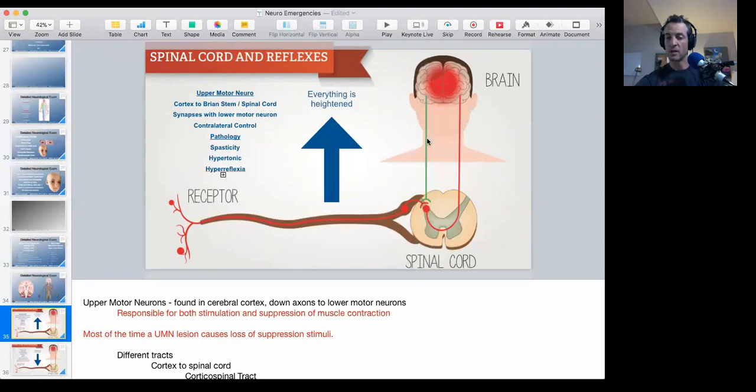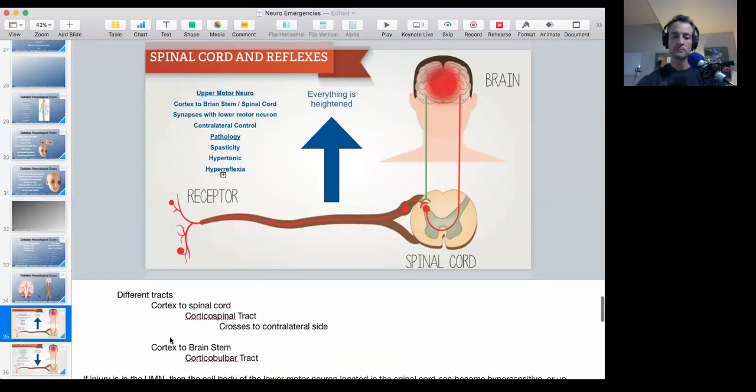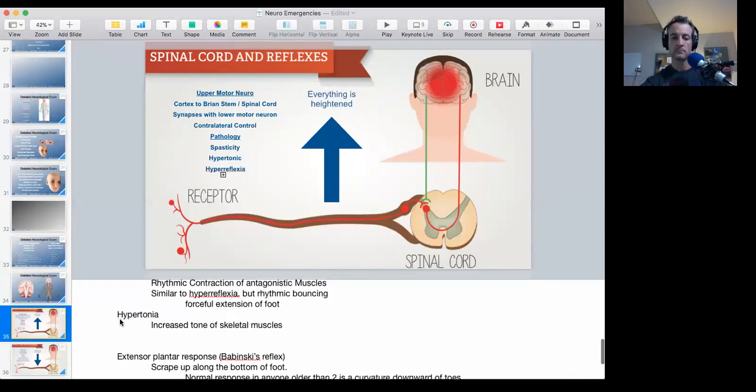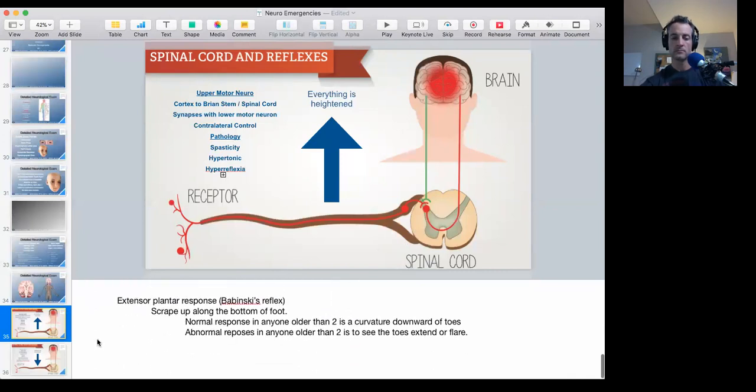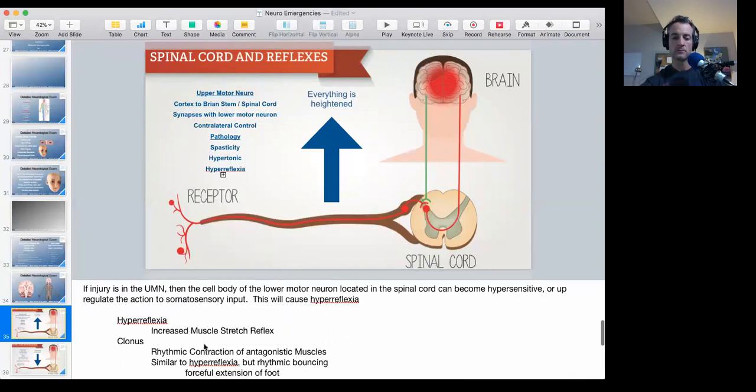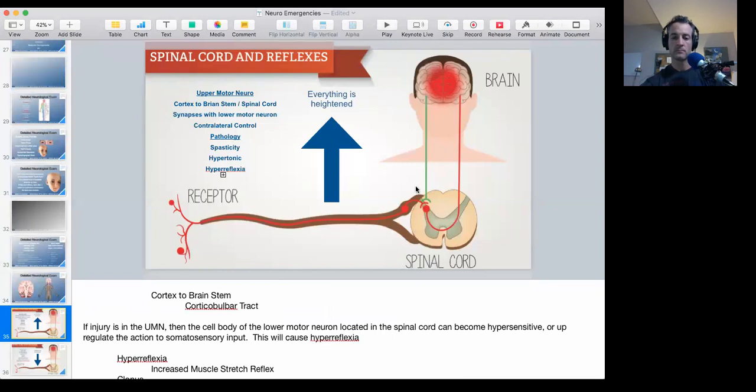I think I have an error here, so I'm going to have to fix that in the slides. But everything here is normal. This here, I believe, is a little bit goofed up.